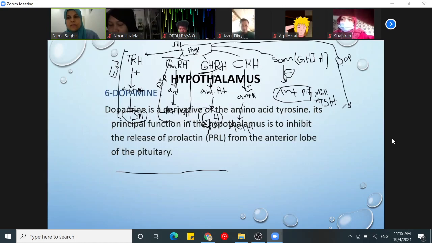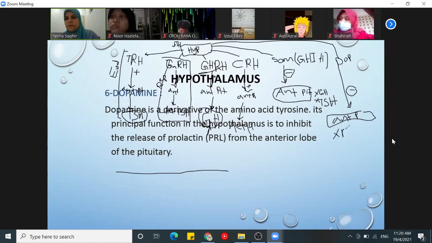All hormones will have an effect on anterior pituitary. Okay, anterior pituitary. So dopamine will have an inhibitory effect on anterior pituitary. So anterior pituitary will stop secreting prolactin hormone. Okay, so dopamine is inhibitory.